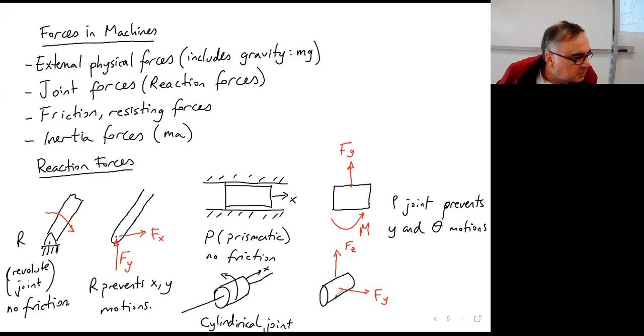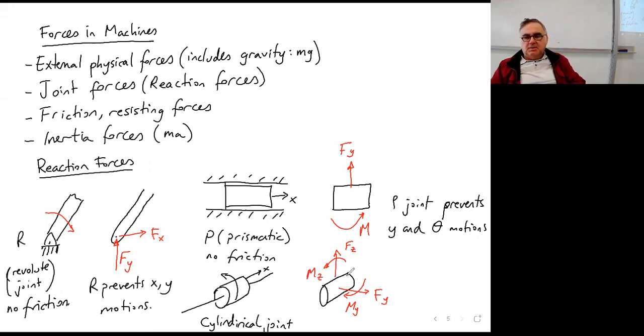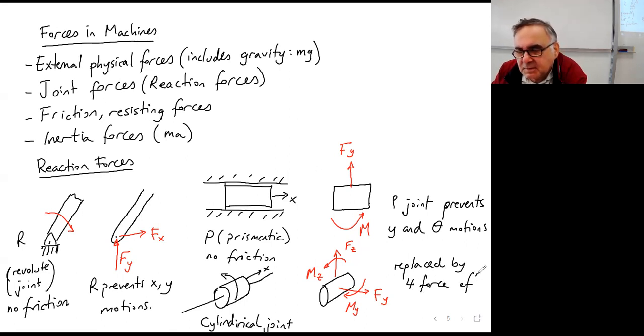Okay, so the cylindrical joint is replaced by four forces in the free body diagram. Well, four forces meaning two forces and two moments, okay? Or force effects, let's say.